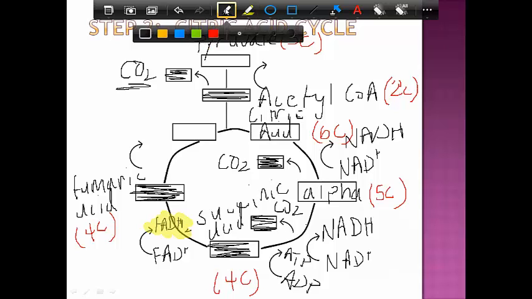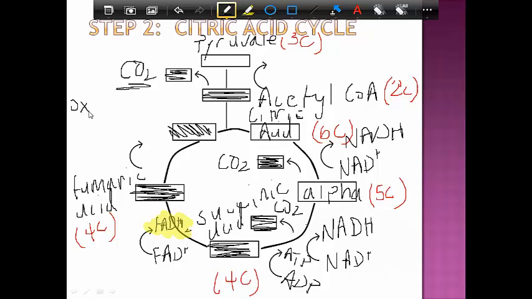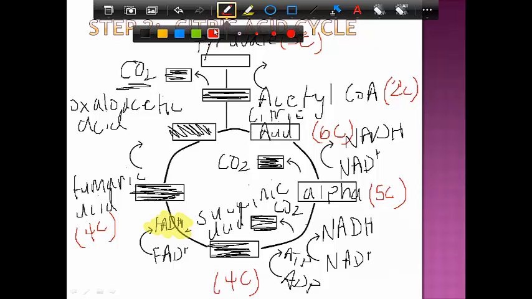Alright, one more box to fill. This box right here is oxaloacetic acid, O-X-A-L-O-A-C-E-T-I-C. And again, it's an acid. It also only has 4 carbons, so we haven't changed the carbon number again.